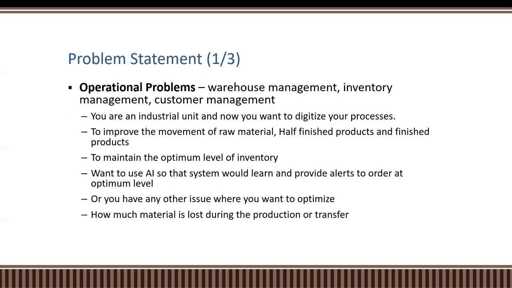They provide all this information. There is no smart machine learning AI enabled system in place which could actually predict the optimum level of inventory that you should manage, or the time when you should increase your inventory of a certain type of product. And there are no alerts in the system to have all these processes smartly managed.